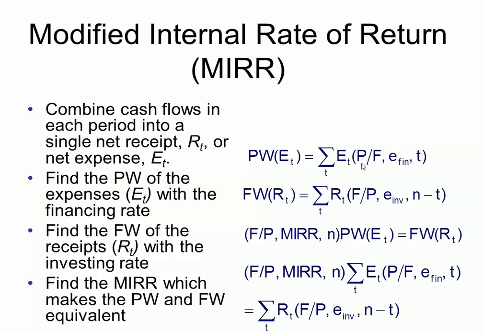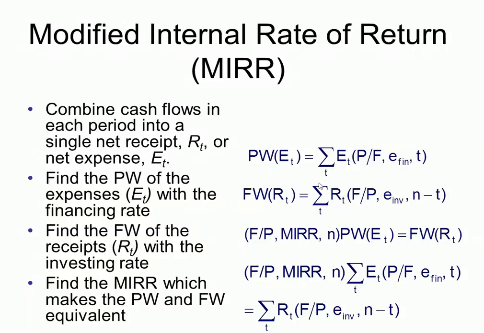Then for 1, it would be the discount factor for 1, for 2, the discount factor for 2, and all the way to N, where the expense at N would be discounted with the discount factor P given F over N.